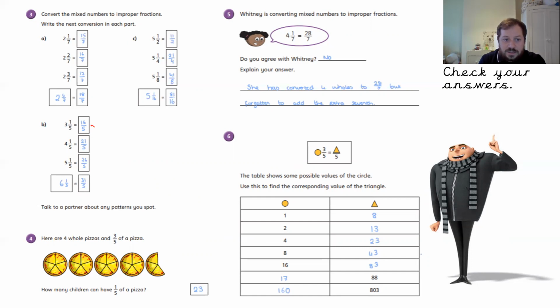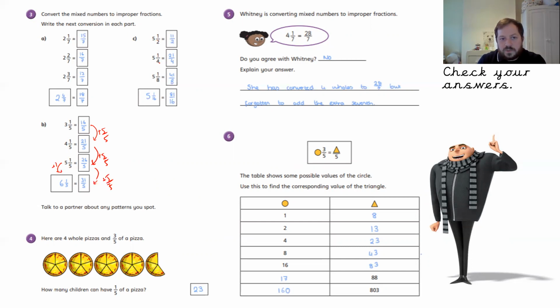So we just add 5 each time. That's add 5, that's add 5, and that's adding 5 fifths as well. When we're adding fractions, we don't need to worry about changing the denominator. It's exactly the same here. This is plus 1, and this is adding 5 fifths. And that's the pattern for that one.